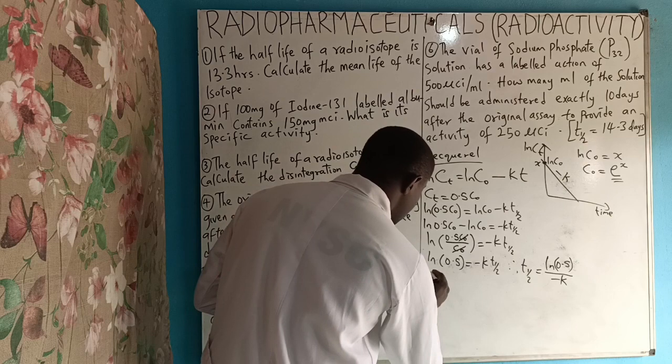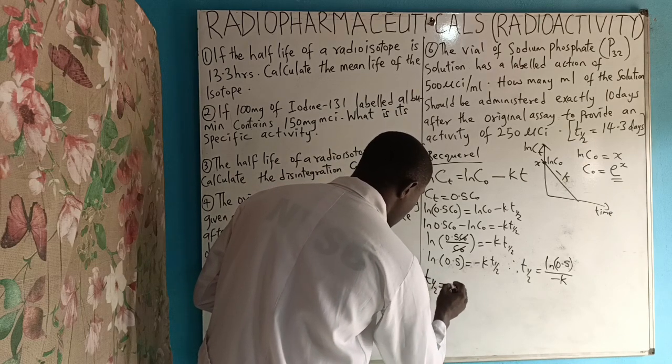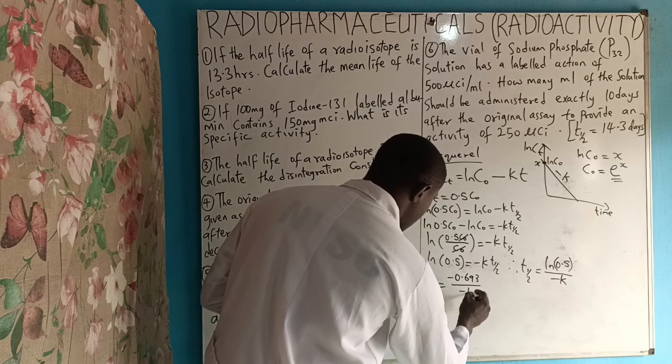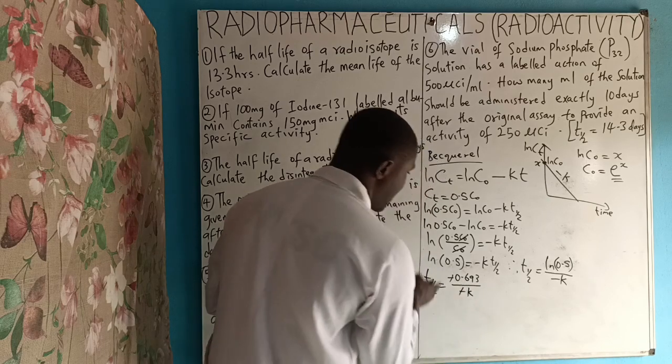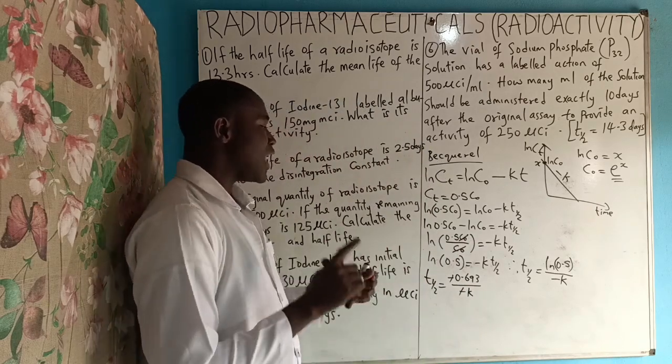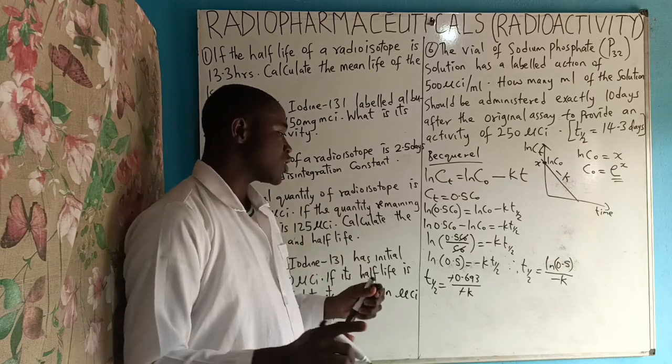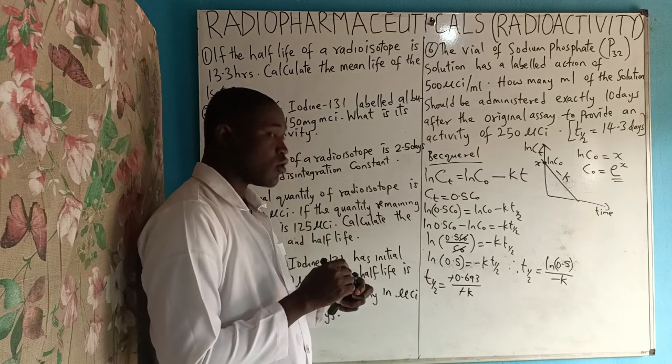And so you say that half-life is equal to minus 0.693 all over minus K. Minus will cancel minus. So that means half-life of any radiopharmaceutical is said to be 0.693 over K.